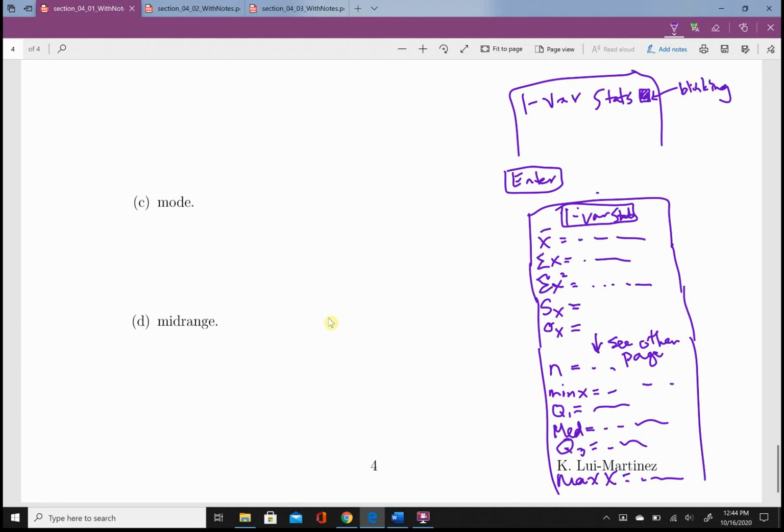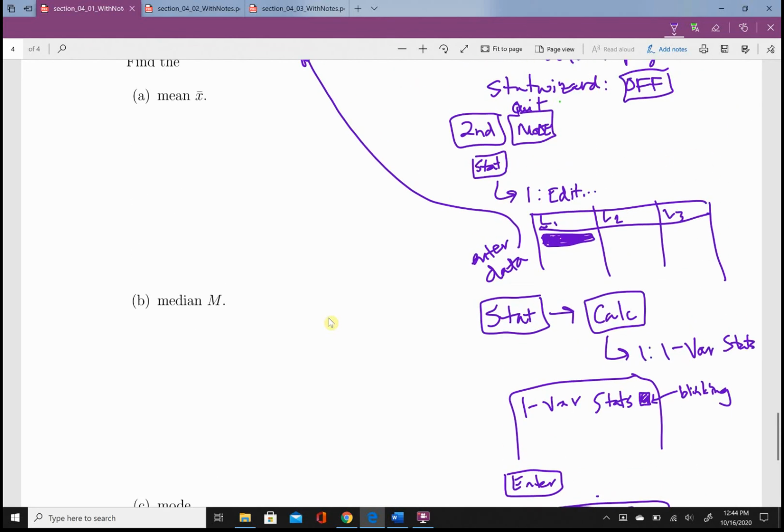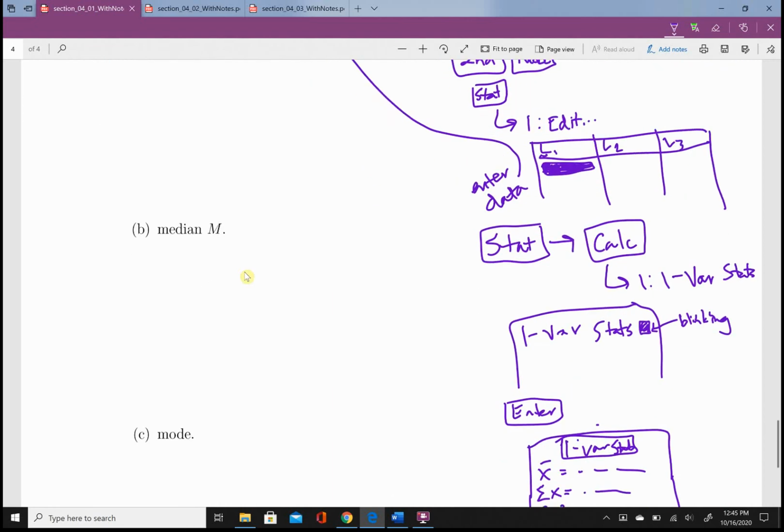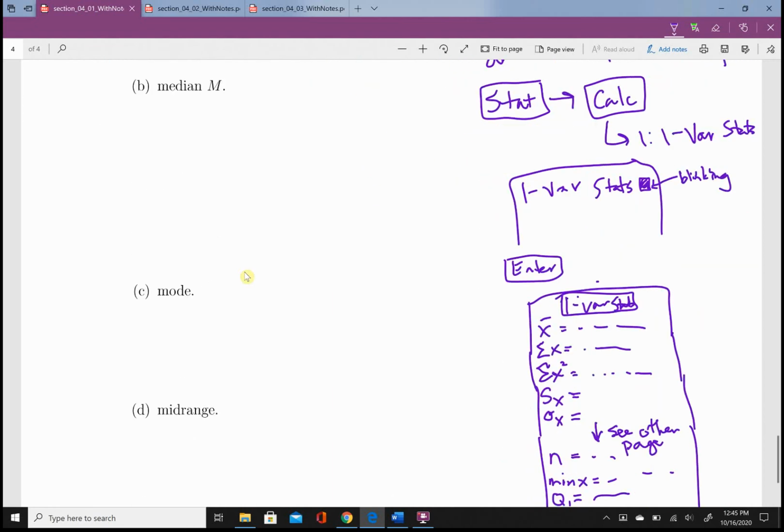So this is something that we're going to be using again and again with data sets, and especially when the data sets are quite large, it'll be very advantageous to us to have this information at our disposal without having to calculate it by hand. So the mean, according to what I put into my calculator here, was 6.46 repeating, so let me go ahead and report that.